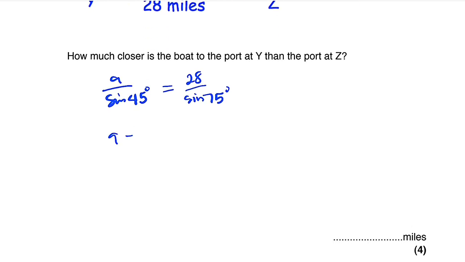And hence A is equal to 28 multiplied by sine of 45 degrees divided by sine of 75 degrees. And therefore A is equal to 20.5.